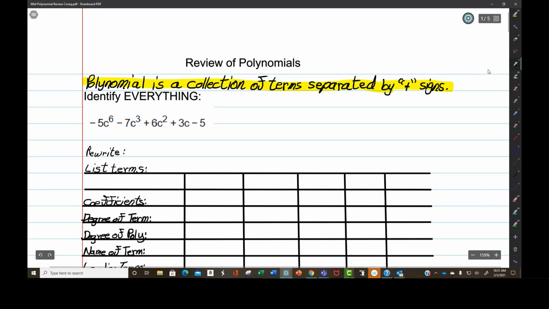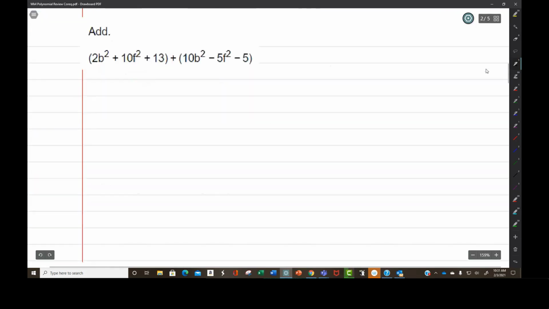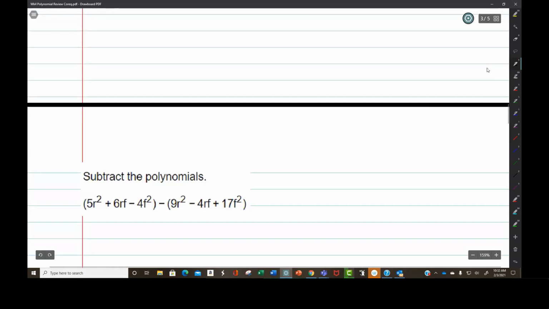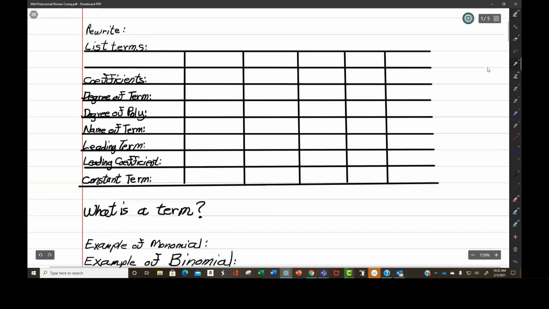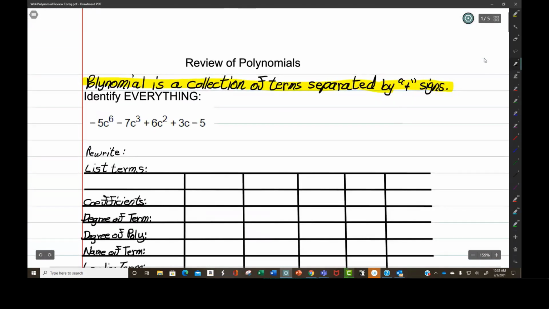So this first part is going to be vocabulary, but then we're going to actually be doing math. Knowing the vocabulary, though, will help you understand. All right, anyway, here we go.